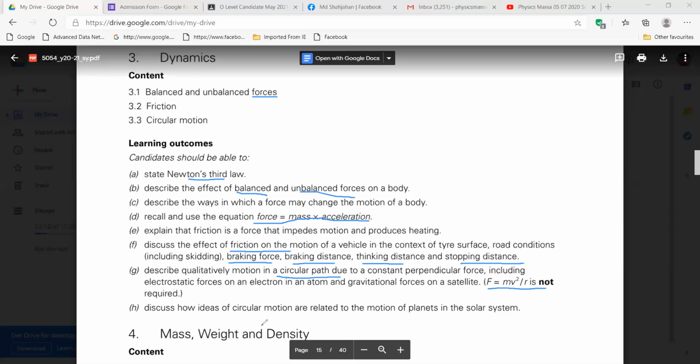Okay, and this circular motion is also related to the motion of planets in the solar system. We have one formula, F equals mv square by r. We will discuss this one in A levels. Here we will discuss only the theoretical part, not any numerical or formula, in O levels.